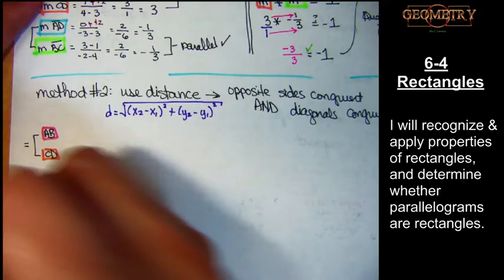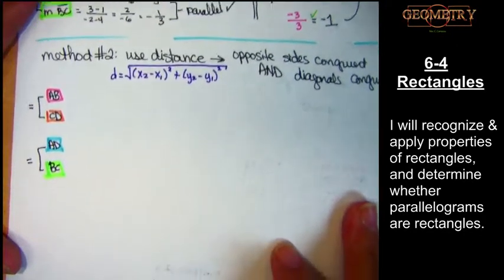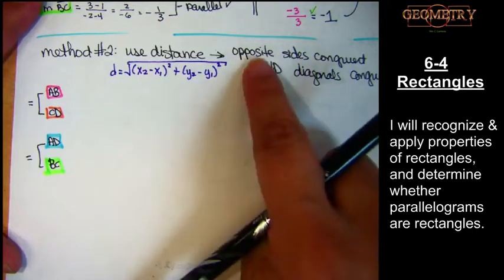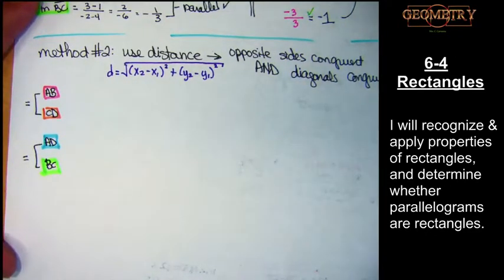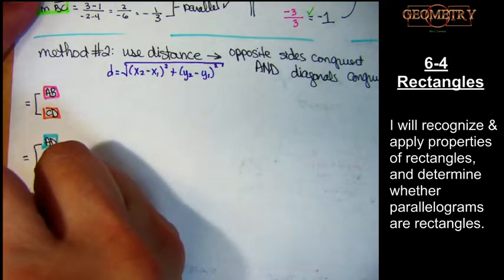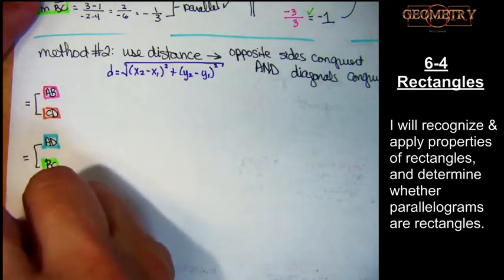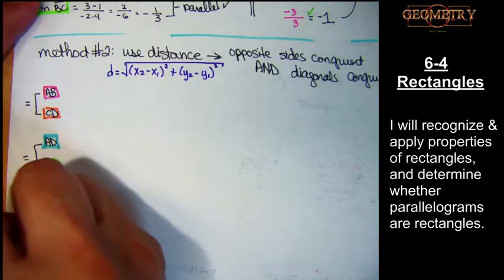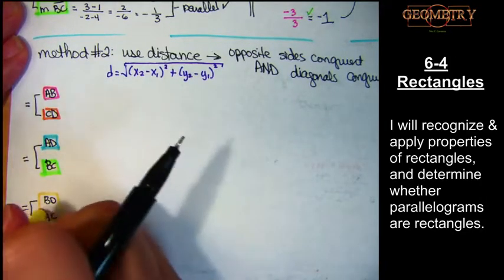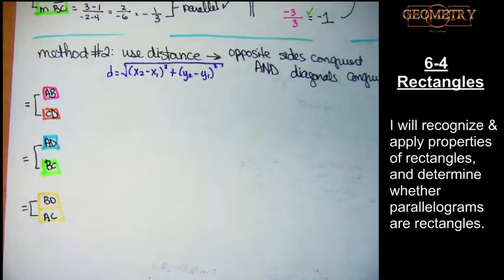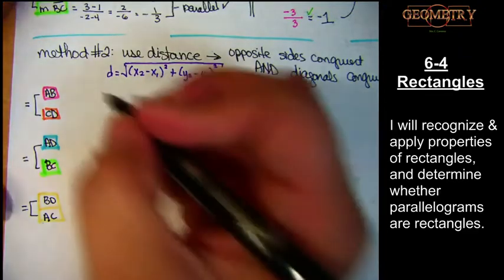And again, we're looking for that result to be equal. So those are opposite sides. But we also want the diagonals. We need the diagonal from B to D and from A to C, and we need those two to be congruent to each other. Okay? I've got to do distance formula 6 different times. All right, let's do it.